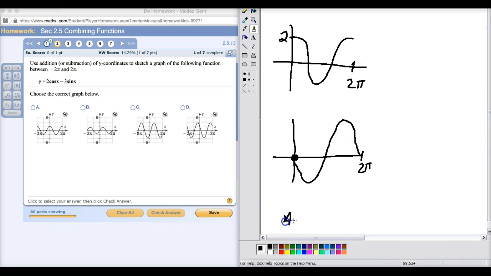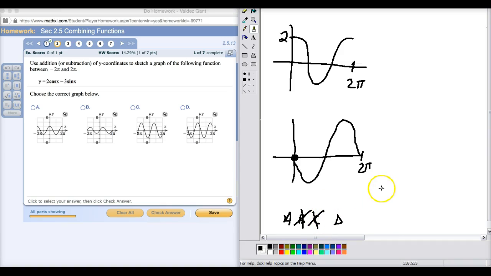So if we have A, B, C, and D, if we look at A, it has a y-intercept that's above the x-axis. If we look at B, it is on the x-axis, so that would be out. If we look at C, it's below, so that would be out, and D is above.